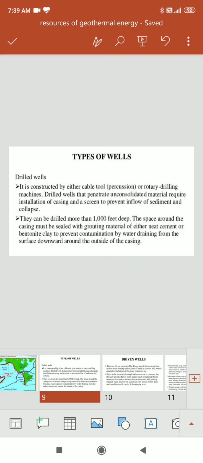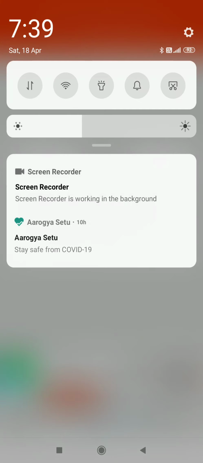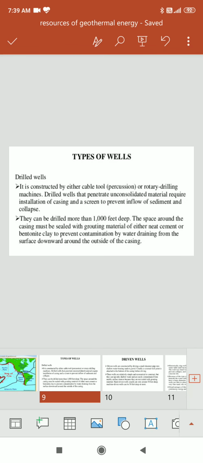Next topic, types of wells. A well is nothing but the path to the reservoir. How can we create a well? The first one is drilled wells. It is constructed by either cable tool or rotary drilling machines.